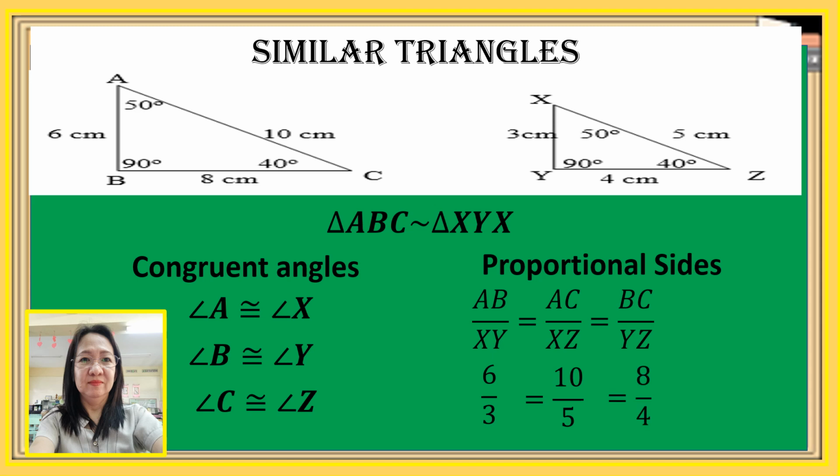Then BC is 8 and YZ is 4 centimeters. Then simplifying the ratio will result to 2:1. So the sides are proportional.